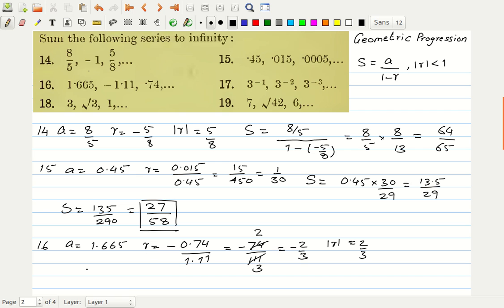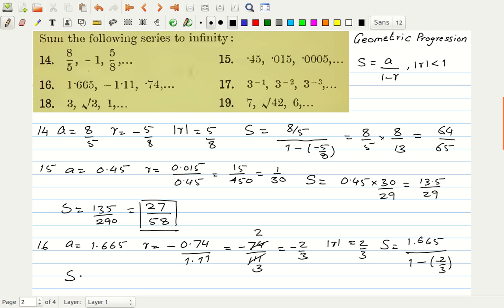Okay, so sum is going to be A, which is 1.665, divided by 1 minus R, which is negative 2 by 3. So this becomes 1 plus 2 by 3.